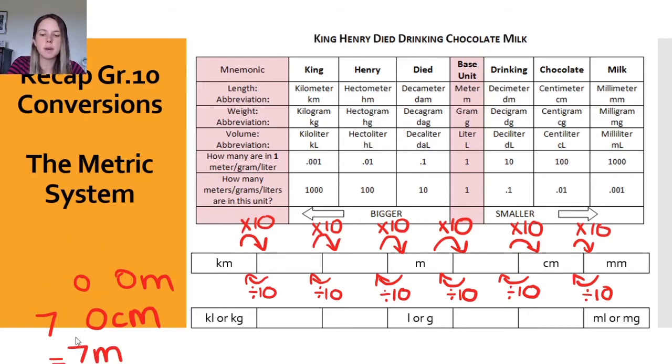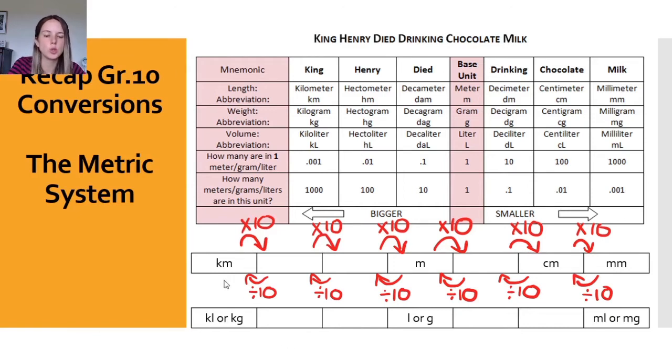The same applies to kilograms, kiloliters, liters, grams. Each jump is equal to 10. Either times 10 if you're going smaller, or divided by 10 if you're going bigger. So let's just make that clear.